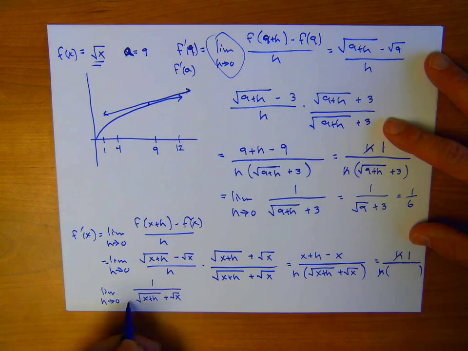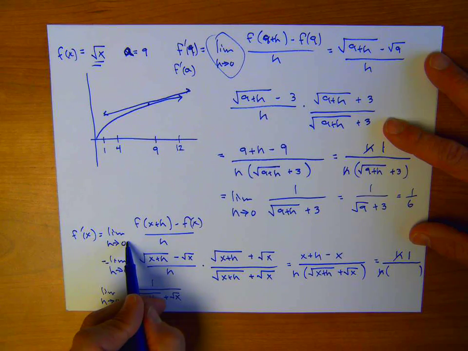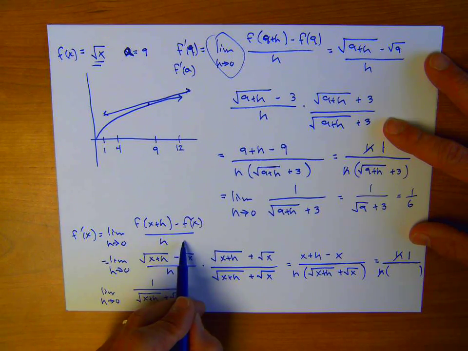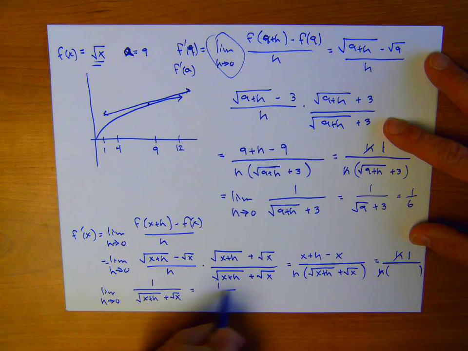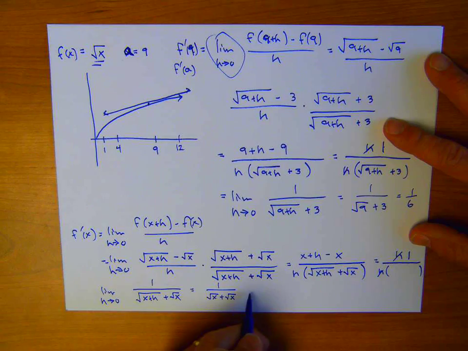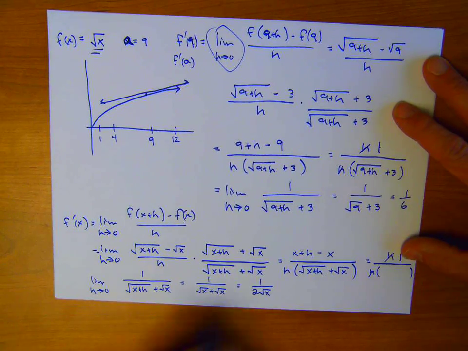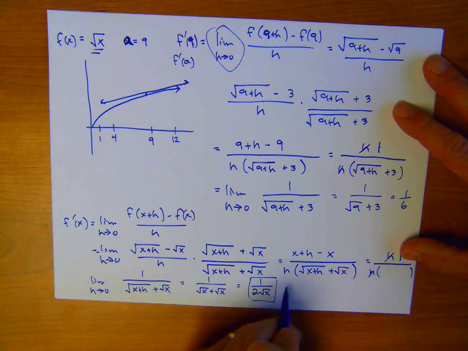Now if I substitute, again, if I put in 0 for h, notice it would have been 0 over 0 again. So here I put in 0 for h. Now I'm good. I've got 1 over square root of x plus the square root of x. But that is 2 square roots of x.